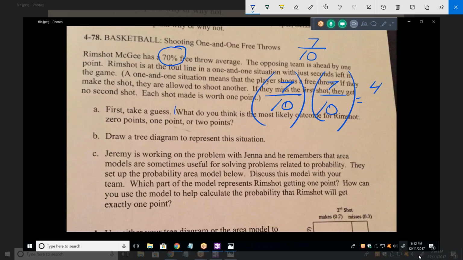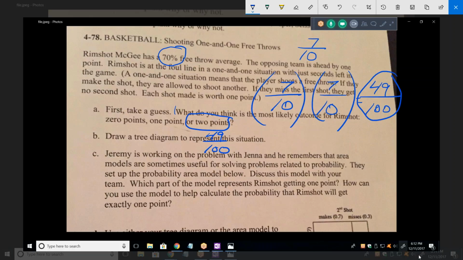You get 49/100. So that's about 50-50. In other words, 49 out of 100 times in this situation, she's going to make both points and win the game. So that's the odds for making 2 points, 49 out of 100.